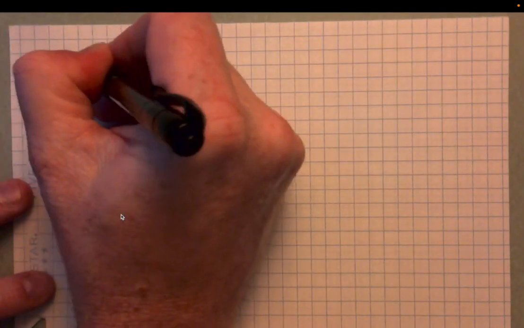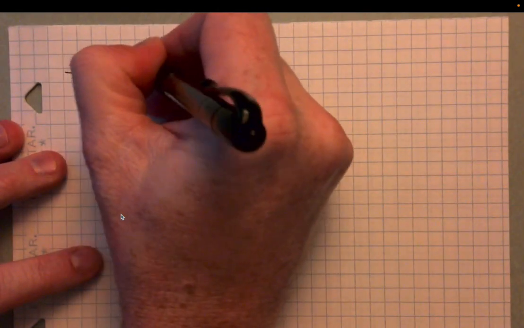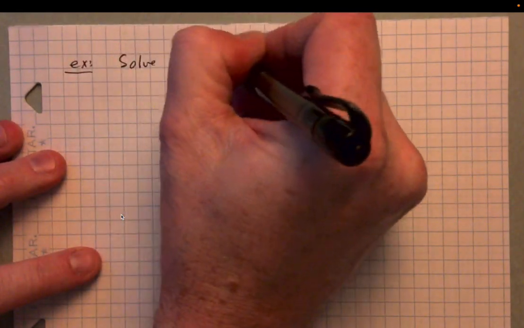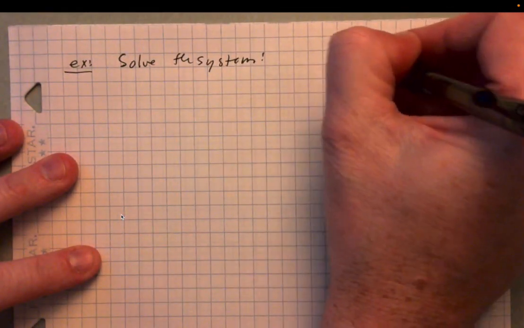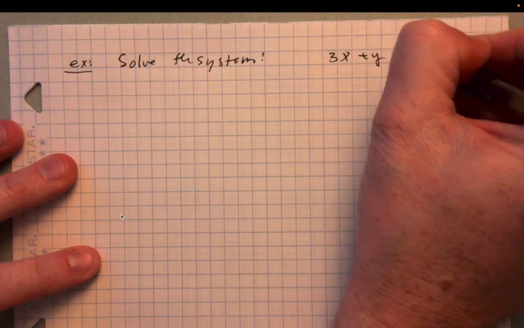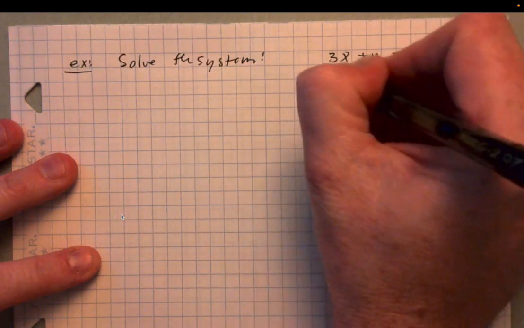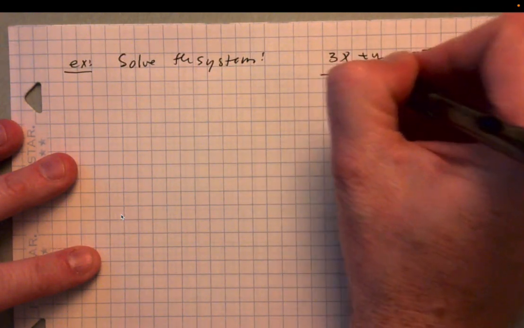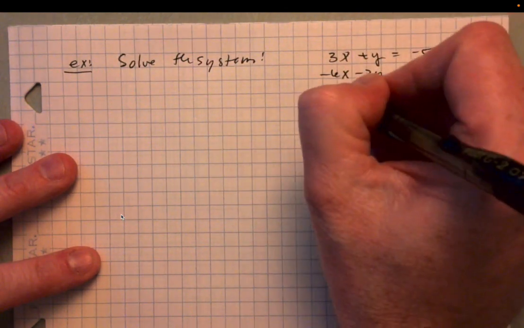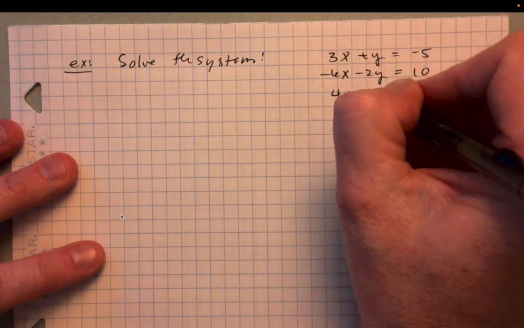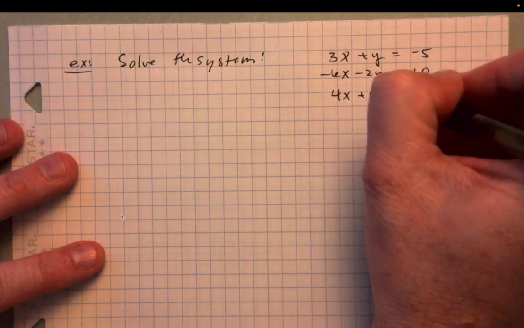All right, so let's start with a matrix and do an example here. So let's solve the system. Okay, and the system is going to be 3x plus y equals -5, -6x minus 2y equals 10, and 4x plus 5y equals 8.